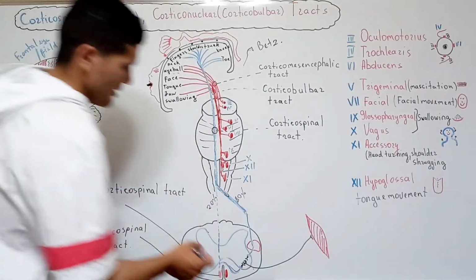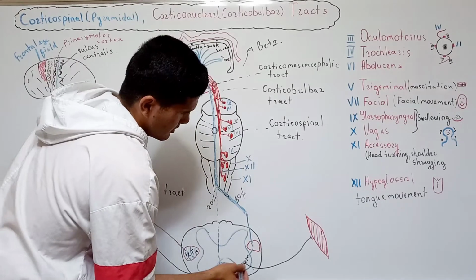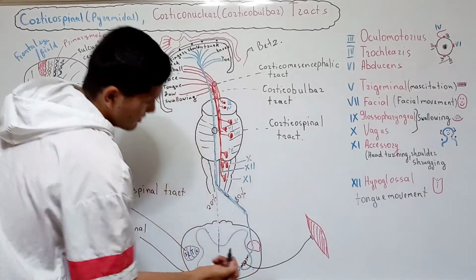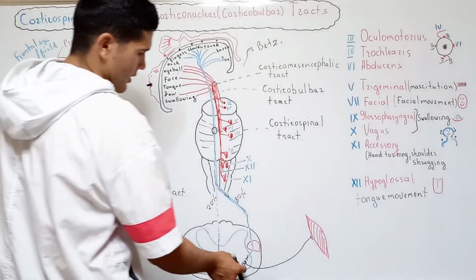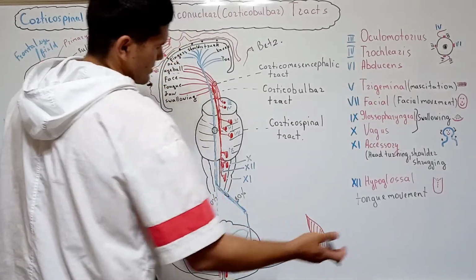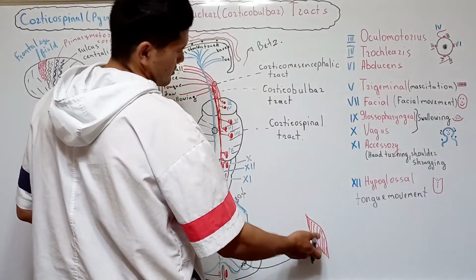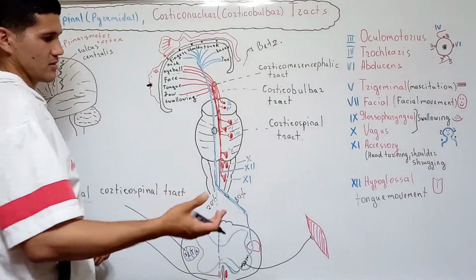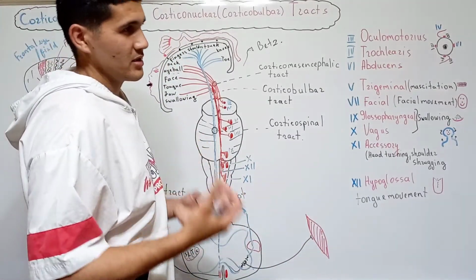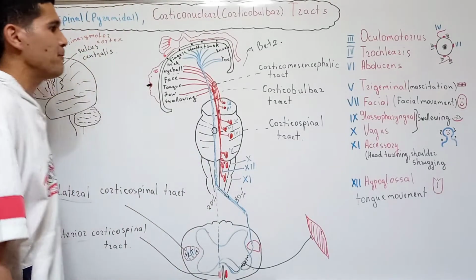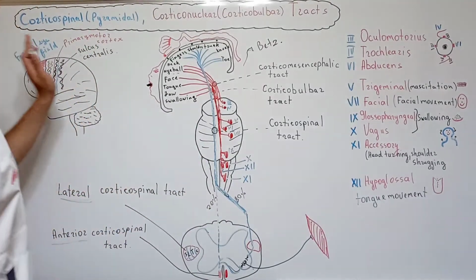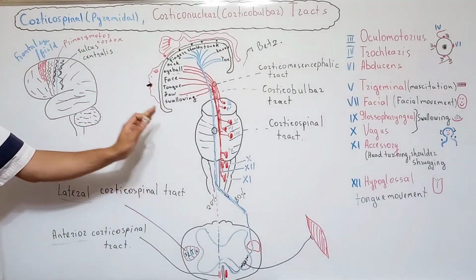On the contralateral side, they connect with secondary motor neurons via interneurons. As a result, the impulses are generated there and conducted to the muscles, causing contraction of the muscle and performing actions. Okay, that's our first tract, the corticospinal tract.